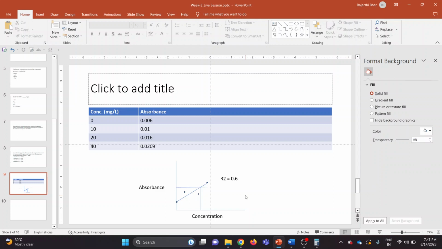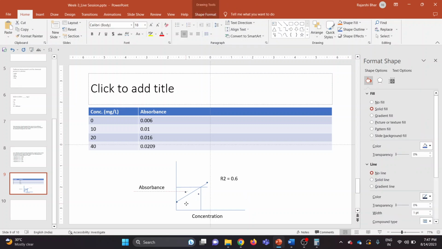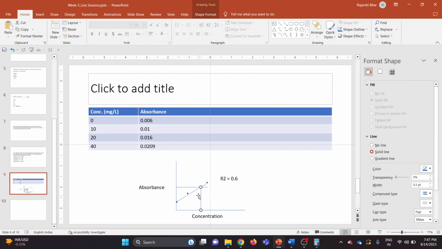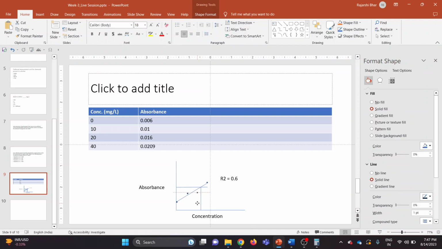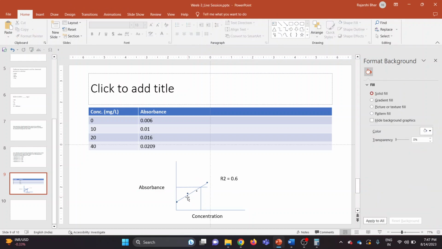Now, for example, you have repeated this experiment. At that stage, the data points came close to this line for both of these. So you can see that now your calibration curve, that is this straight line, appears to be much more accurate because these data points are very close to the line that you have assumed to be the calibration curve, based on which you are going to determine the concentration of an unknown sample.